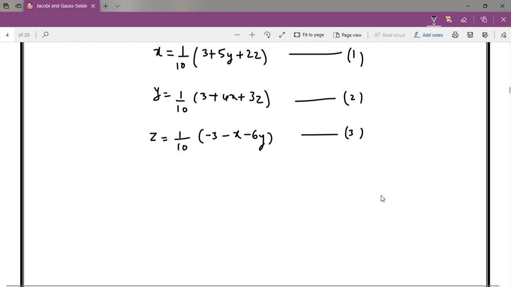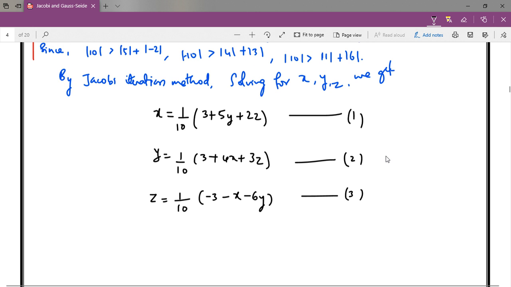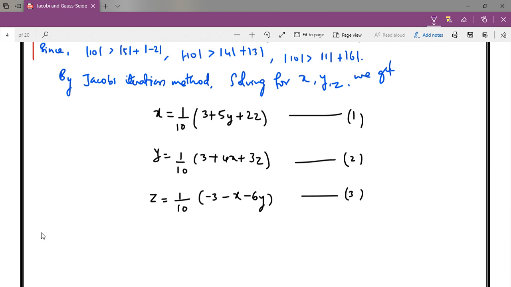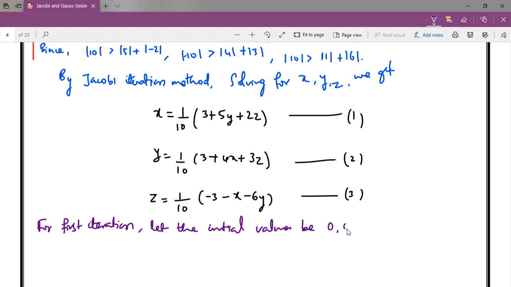Now for the first iteration, let the initial values be 0, 0, 0. So let us start with 0, 0, 0.